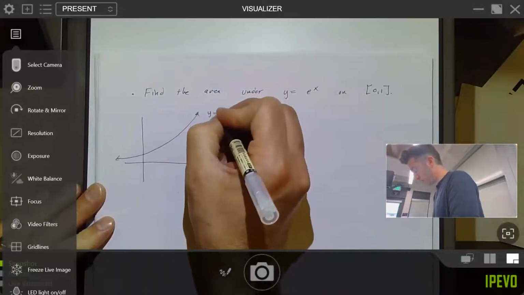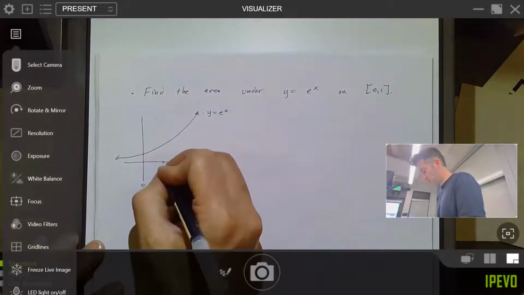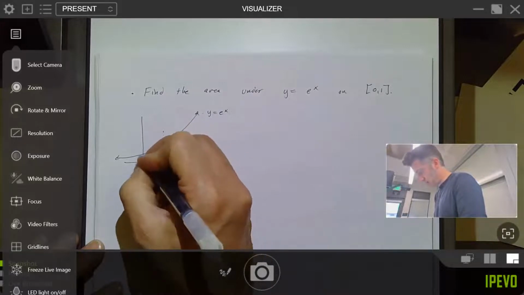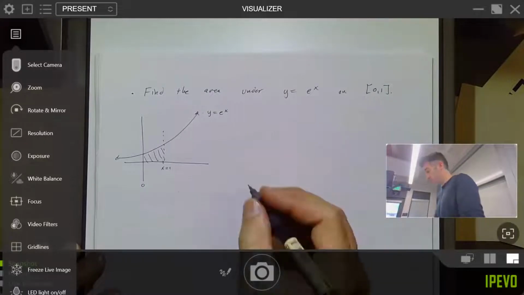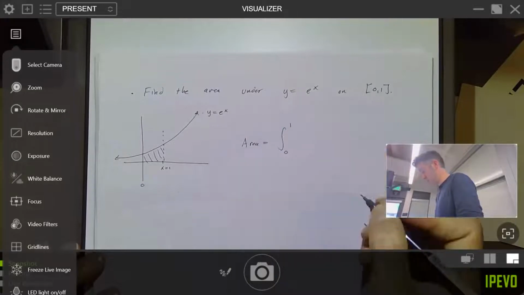So again, graphically, we can see what's going on here. Here's x equals 0. Here's x equals 1. We're looking for this area here. So we're going to calculate the integral from 0 to 1 of e to the x.